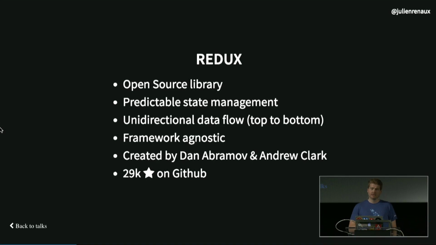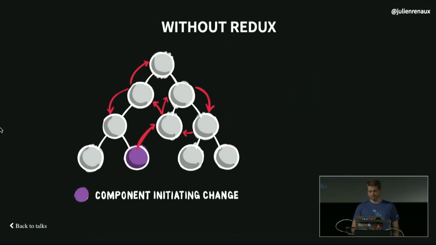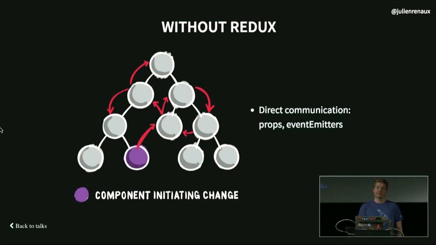Okay, great. Now we know about Redux a little bit, but what is the problem with conventional data flows? A conventional data flow could look like this. When your components have a direct relationship, they can communicate to each other, right? They can communicate through props to get data in, and they can use event emitters to get data out.